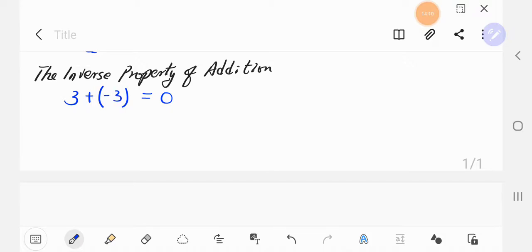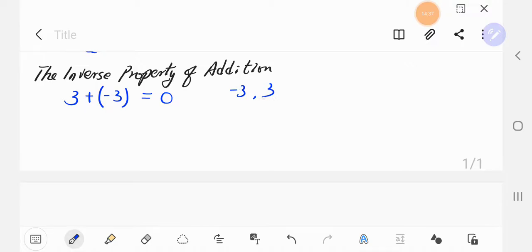So when you add two same numbers with different signs, the result is 0, right? So negative 3 and 3 have different signs, the same number but different signs.